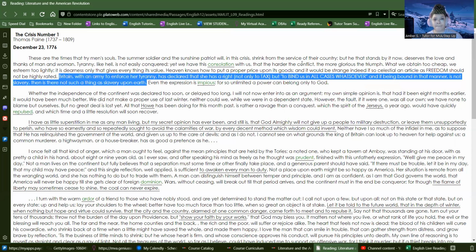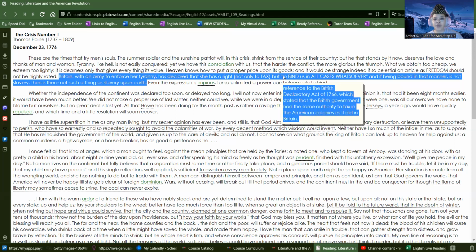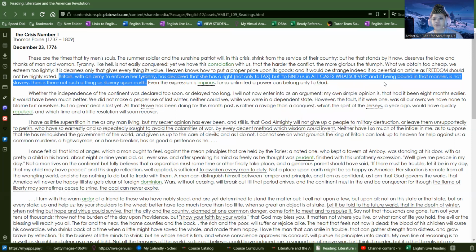So this is part of what kicked off people wanting to separate from Britain, the foundation for all of the taxes that were there. So Paine is just explaining that Britain is using their army to enforce their abuse of power. And then he gives you the definition of what that abuse of power is, right? They're declaring that they have the right to tax and bind everyone in all cases whatsoever to pay those taxes. That's the language that was in the law when it was passed. And he compares that to slavery. And if being bound in that manner is not slavery, then is there not such a thing as slavery upon the earth?